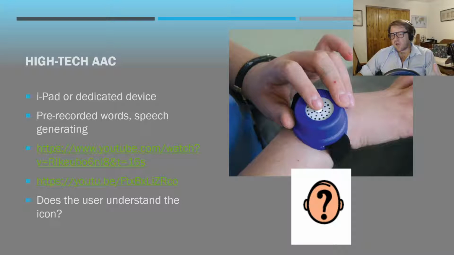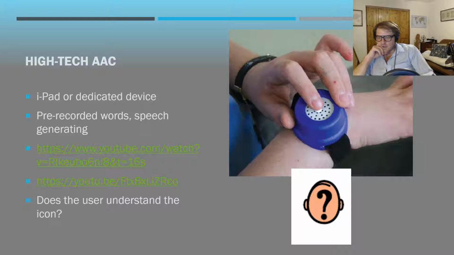This particular icon is one that I don't even understand, and I feel like I have good receptive language. So if you had this on the communication board for a person with Broca's aphasia, what is this? This doesn't make sense to me.